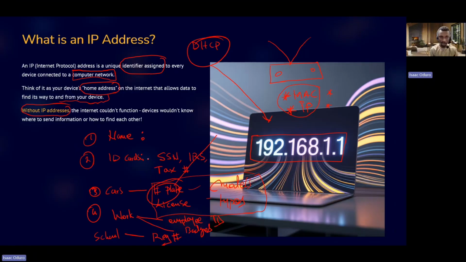As we go to the cars, we also have registration numbers. So the cars that have a registration number need to have a driving license for the driver and a number plate. That will help the car to be registered in the particular state in which the car is located. If you go to school, we also have registration numbers for each and every student who is enrolled in the school. After your registration number, you are given an ID to let you know that you are part of the school. All these analogies are physical things.